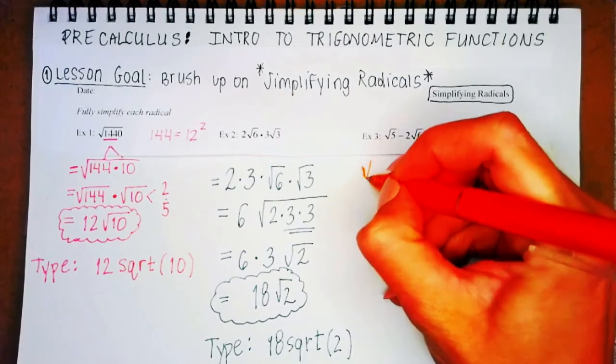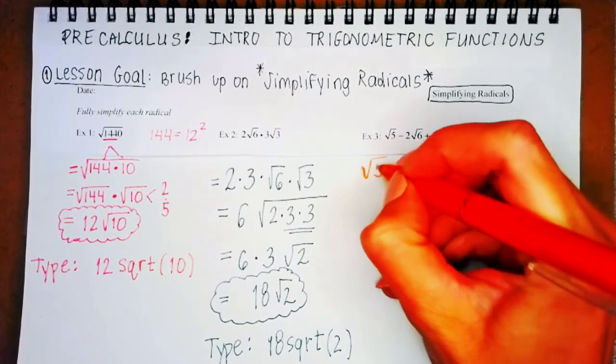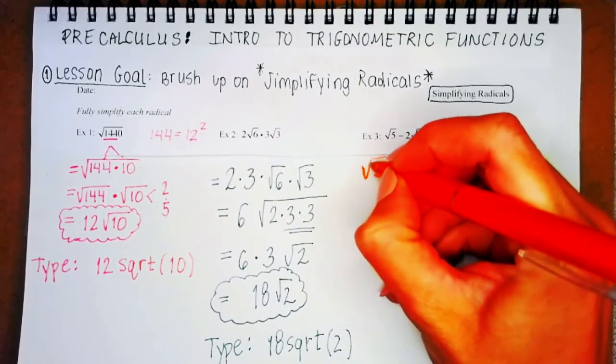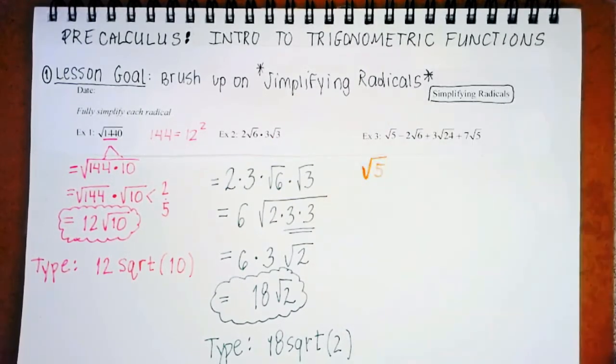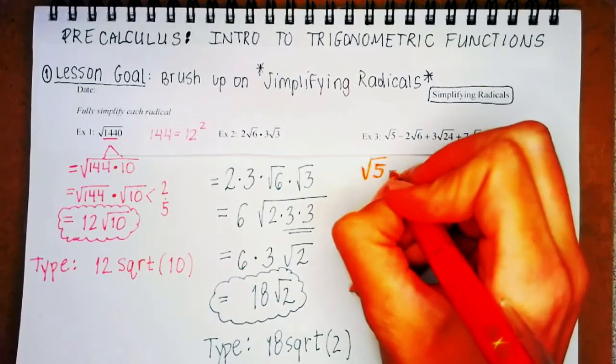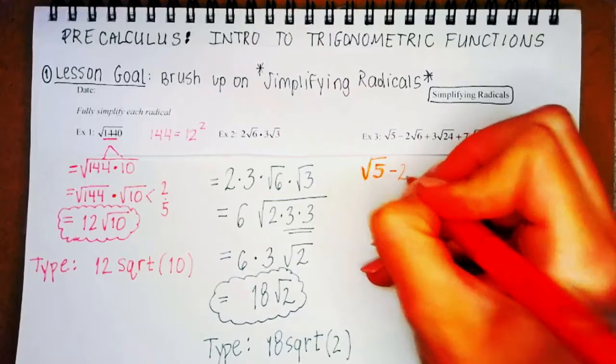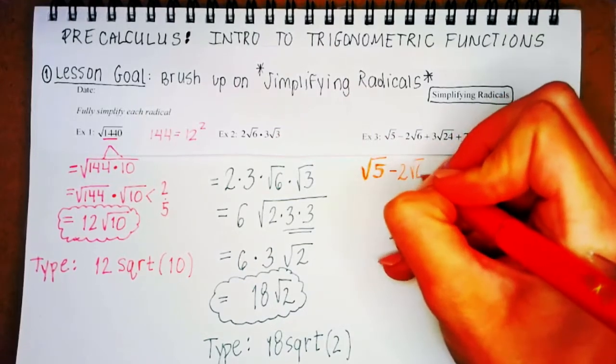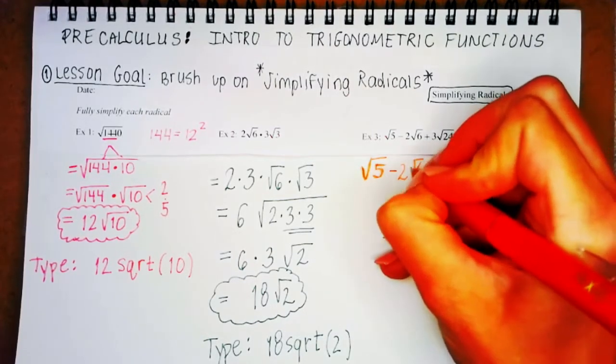I'm going to rewrite anything that's already simplified, and I will simplify anything that isn't, so I could figure out if I have any like radicals. 2 square root 6. Square root of 6 cannot be simplified. There's no perfect square, so it's going to have to stay as it is.